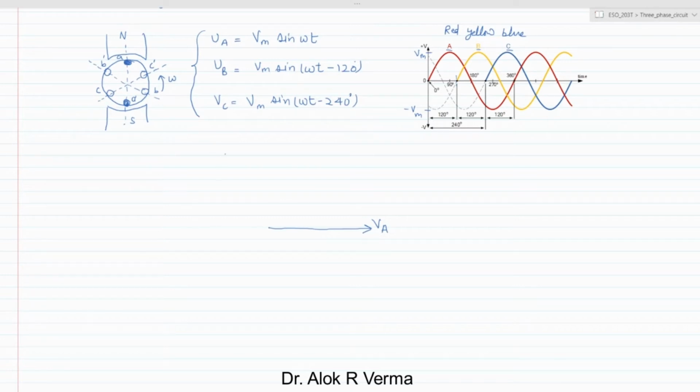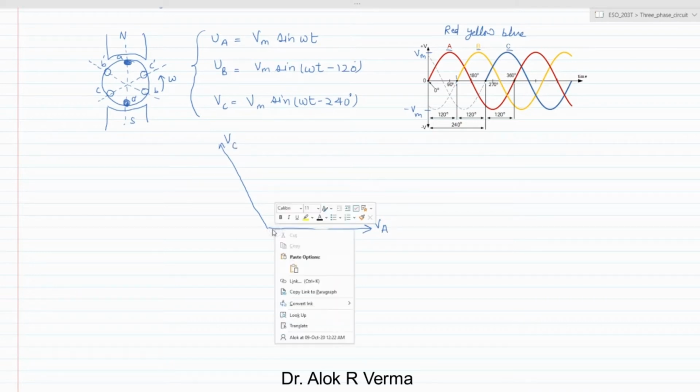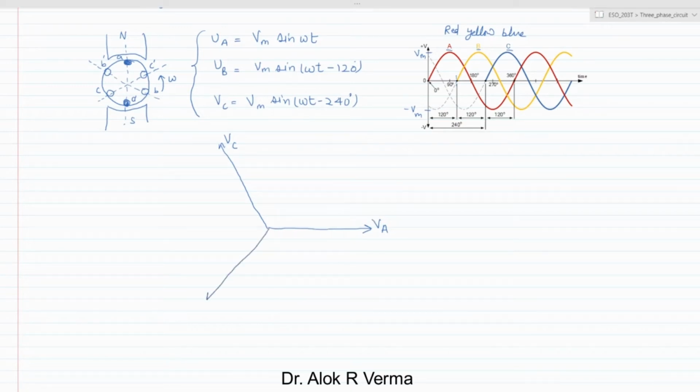Then with respect to this we have to go 120 degree, then we get VC, and this is VB. So this is basically rotating in the anti-clockwise direction. So after VA, VB will come. So this is 120 degree in the opposite direction.